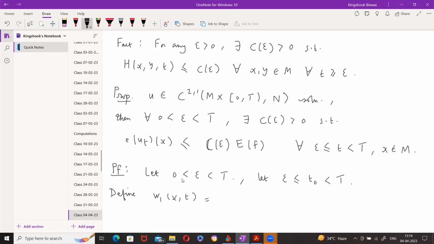We'll define this to be the solution of the heat equation, given by the integral of h(x,y,t) with initial value e^(-2c(t_0 - epsilon)) energy of u_(t_0 - epsilon) of y dvol y.